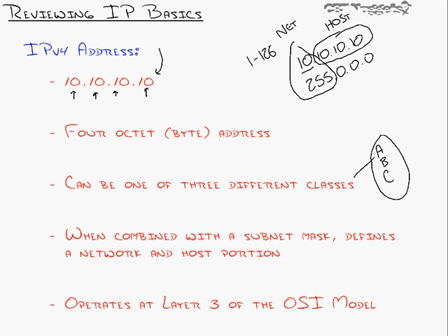Now, with a Class A address, you get one network here, 10, and 16,777,214 possible hosts on that network. Meaning, if every single one of these was to go from 0 to 255, which is the biggest number you can have in an IP address, you'd get 16 million some addresses that you could use. Now, the recommended maximum number of hosts per network is 500.